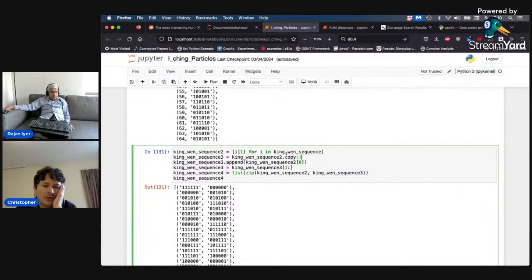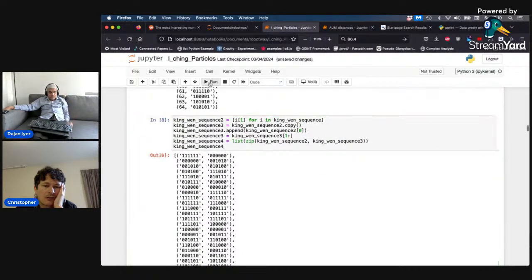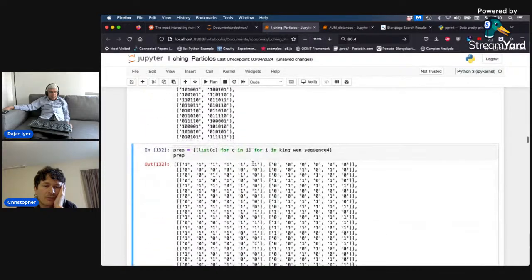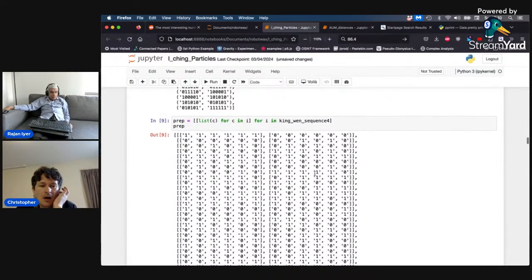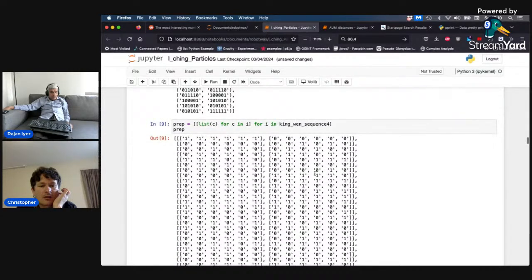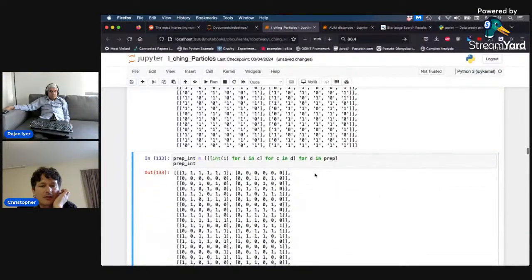Okay, so what are we doing here? We take a copy. I'm not sure what that is. I've forgotten, but hopefully this will become clearer as we go along. Oh yeah, I think we're inverting the sequence here.